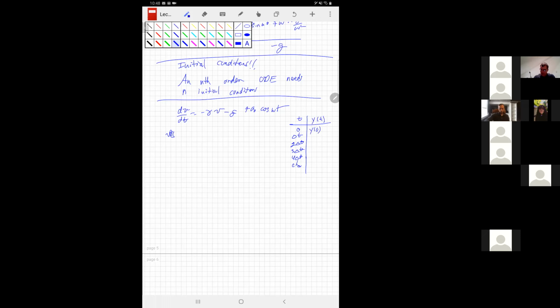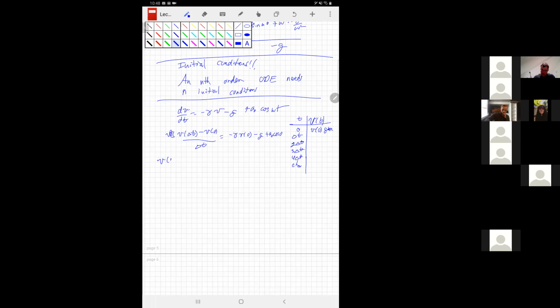So we're given y of 0, or in this case, v of 0. And I rewrite this as v of delta t minus v of 0 over delta t equals minus gamma v of 0 minus g plus a naught cosine of 0.